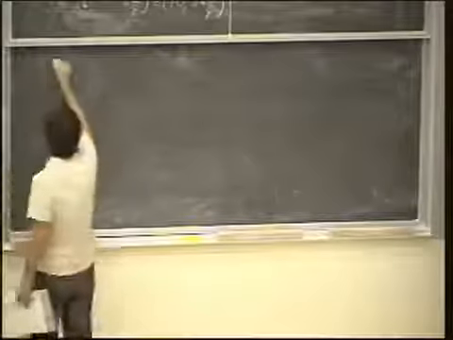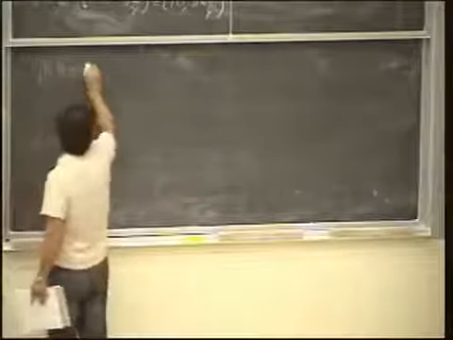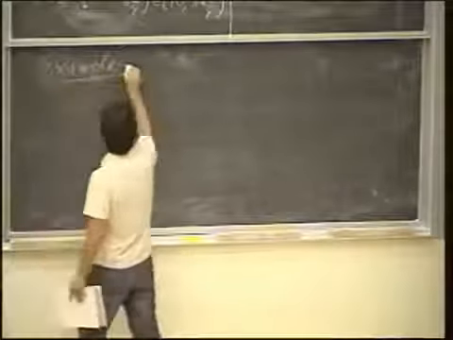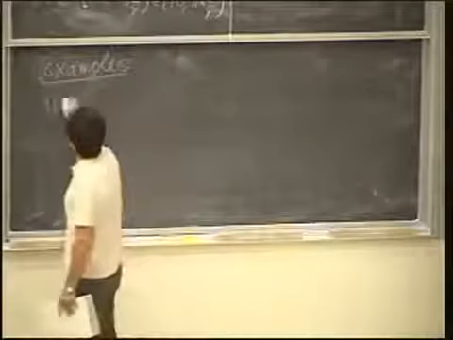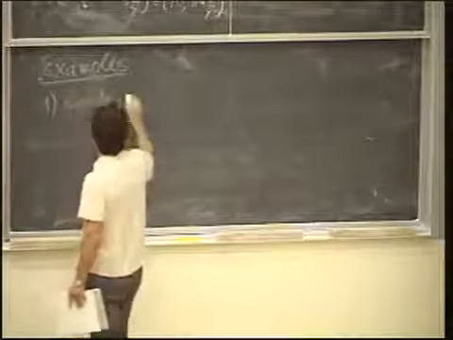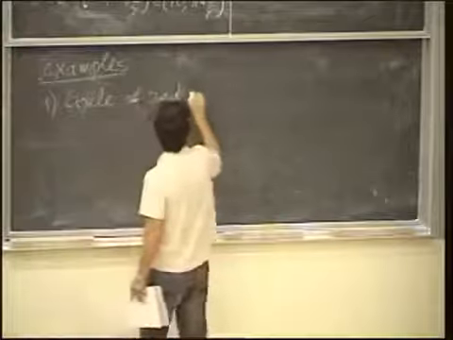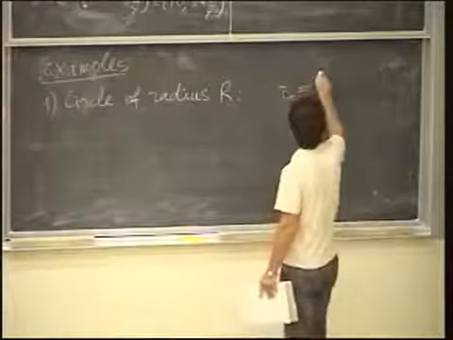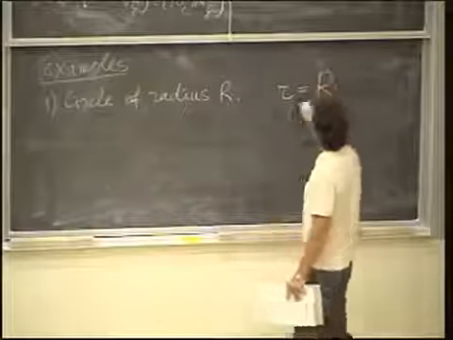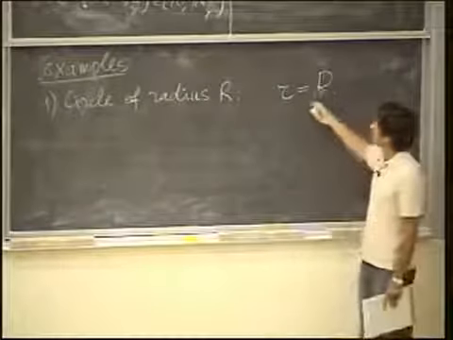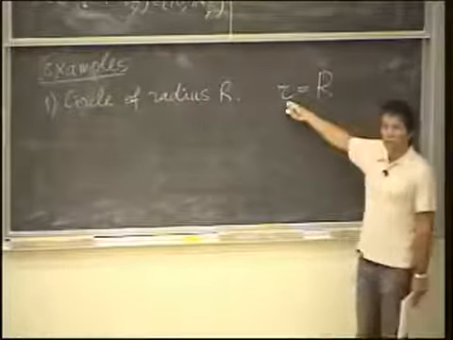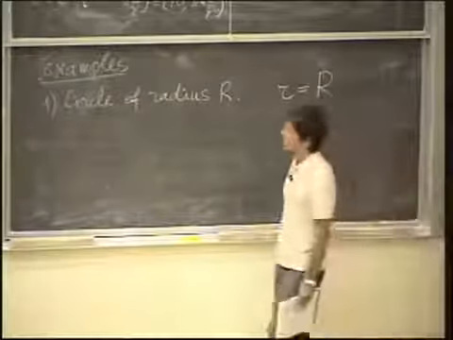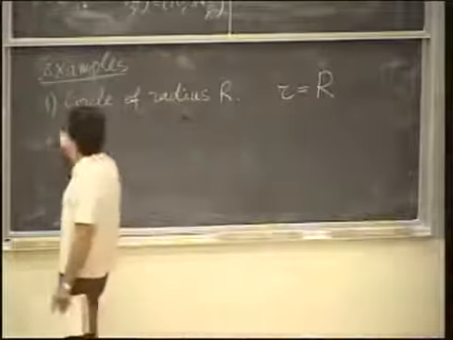We already talked about the circle of radius r, which is represented by the equation r equals r, where r is one of the two polar coordinates, and this is the radius. So here's another example.